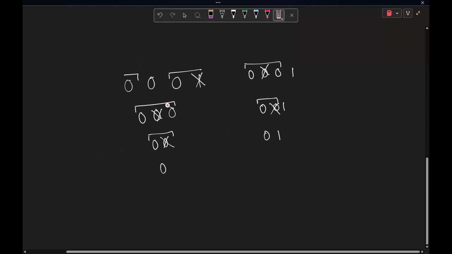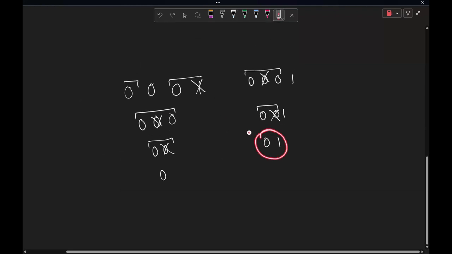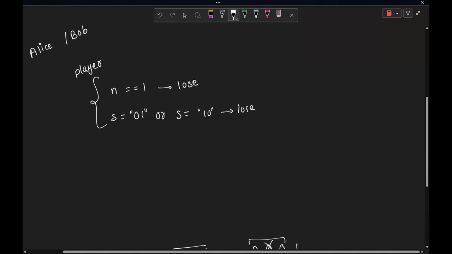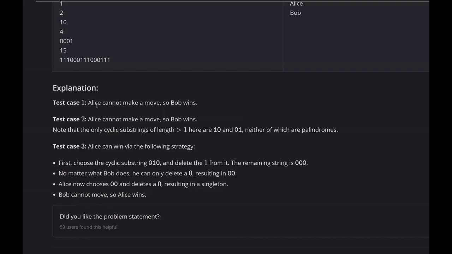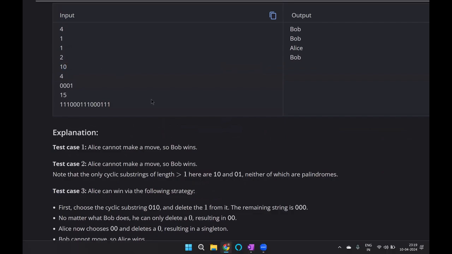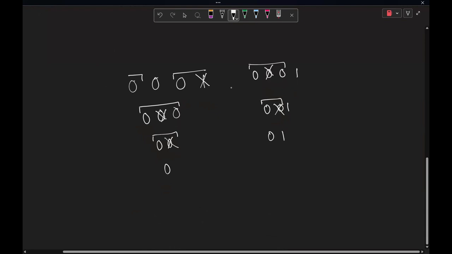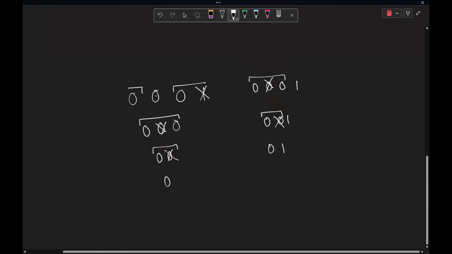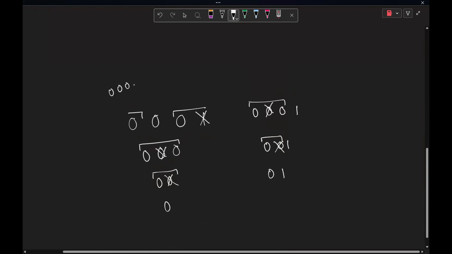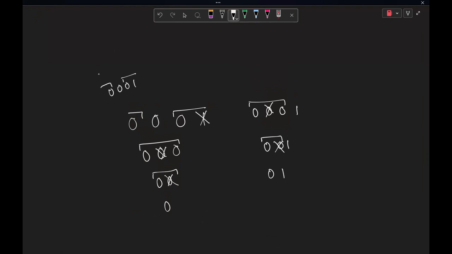The idea was, other than these things which they had already hinted where a player will lose, I just tried to think whether there can be some other place where the player will lose or not. Since I was having three zeros and then a one, I could just choose this as a substring.